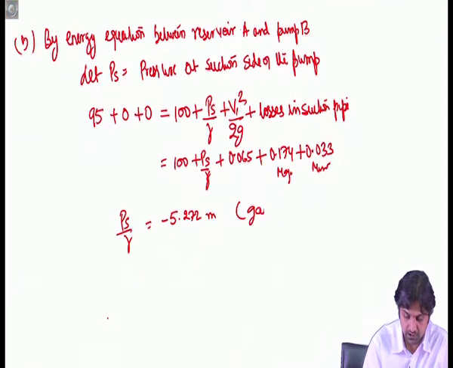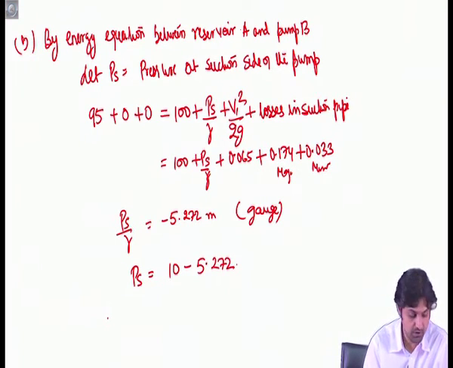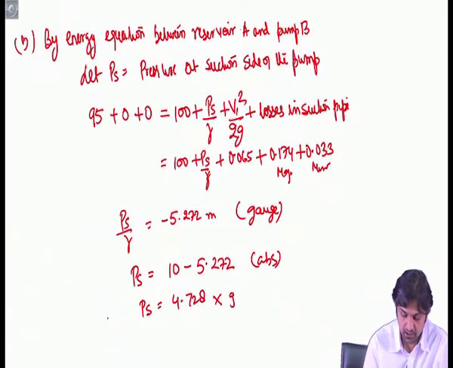This is gauge. The real pressure is going to be 10 minus 5.272, because we've already been told the atmospheric head is 10, so it is equal to 4.728 multiplied by 9.79 to get it in kilopascals. So 46.29 kilopascal absolute.